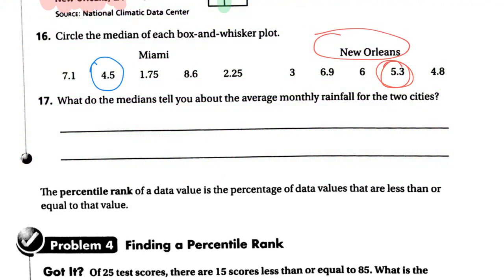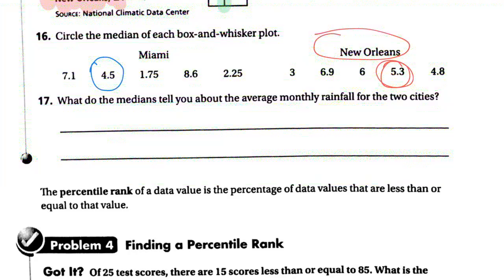now we can answer question 17. Question 17 asks us, what do the medians tell us about the average monthly rainfall for the two cities? Well, the median for New Orleans is 5.3, and for Miami it's only 4.5.